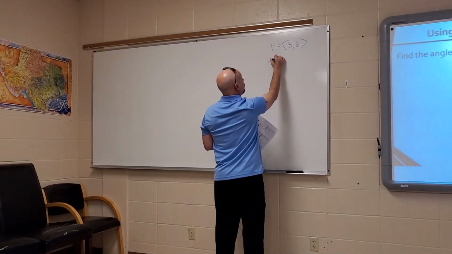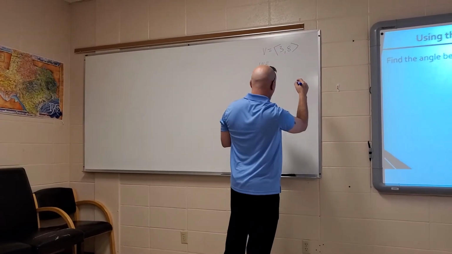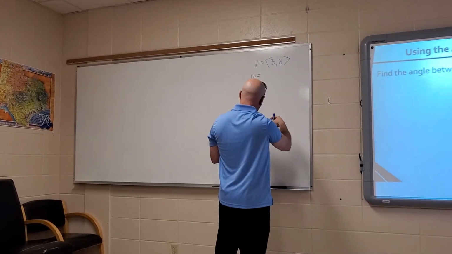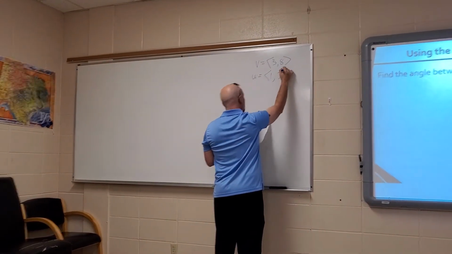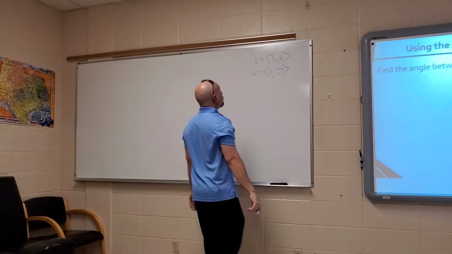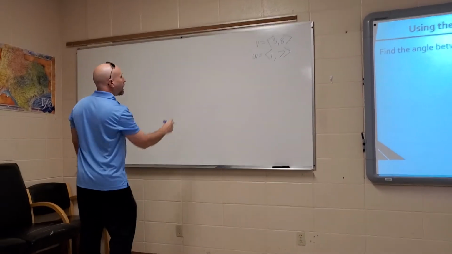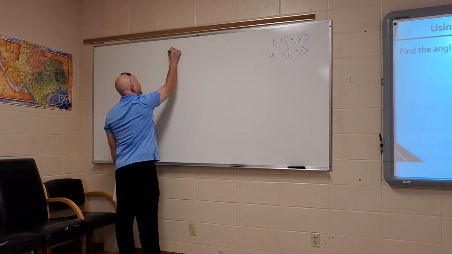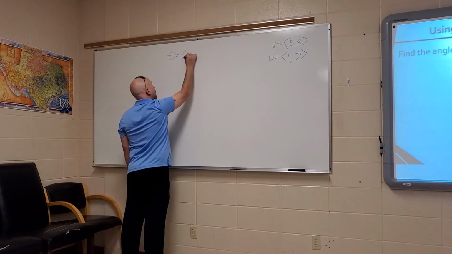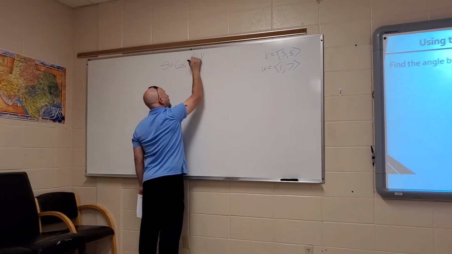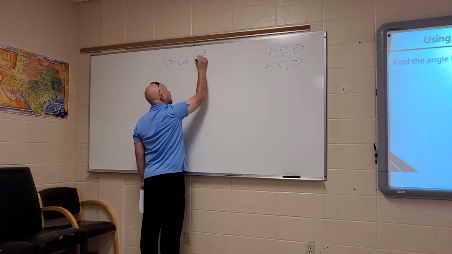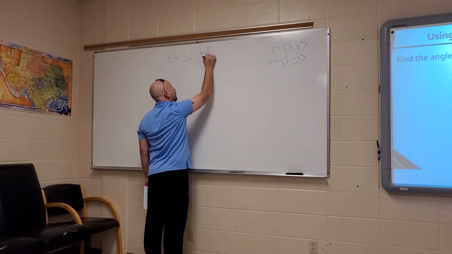And W is, what was that, 1, 7? Yeah, 1, 7. Okay, so our formula for the angle, remember from the previous slide, was theta is the cosine inverse of U dot V over magnitude U magnitude V.